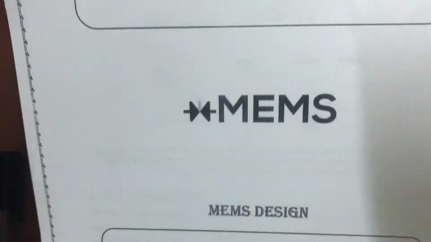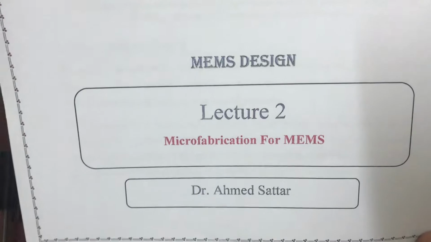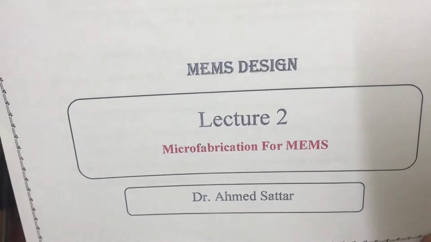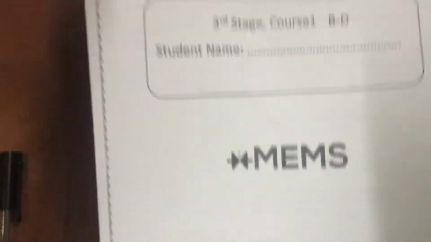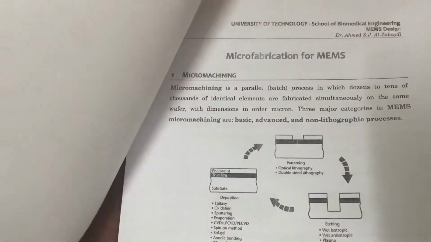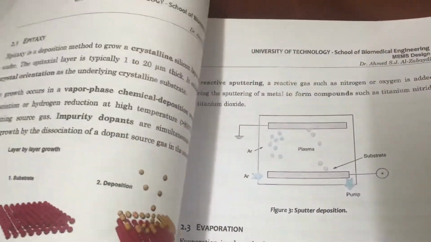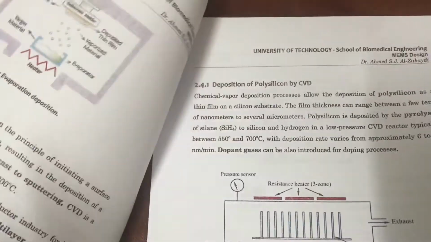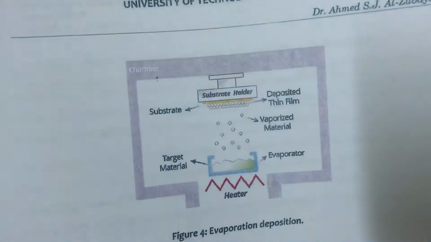So, my dear student, today we'll explain these two experiments, and we will use Mr. Ahmed's experiments. So, thank you, Mr. Ahmed. The first experiment we will explain is called Pulse Laser Deposition, PLD.